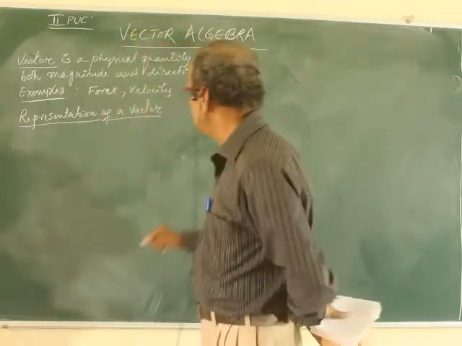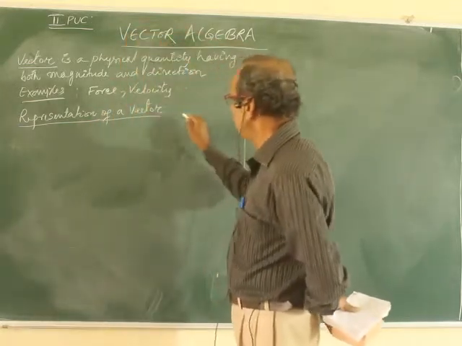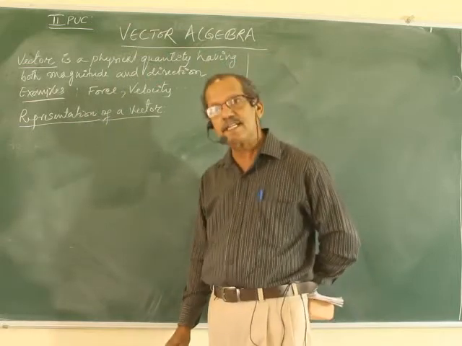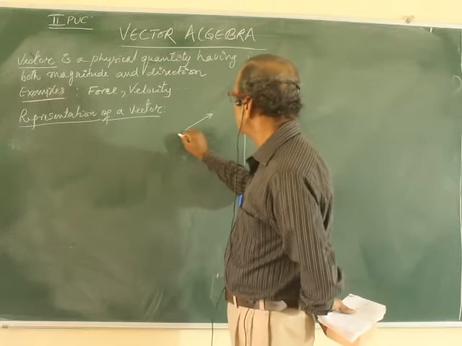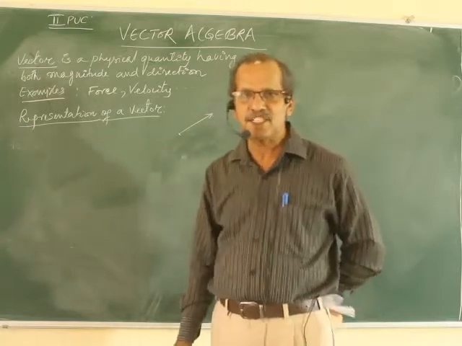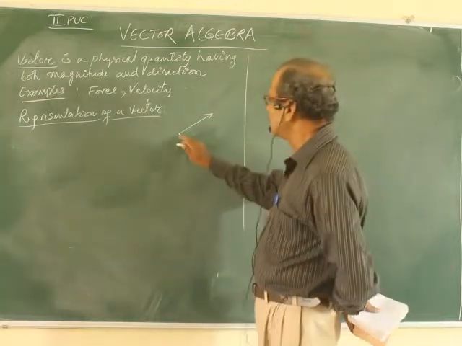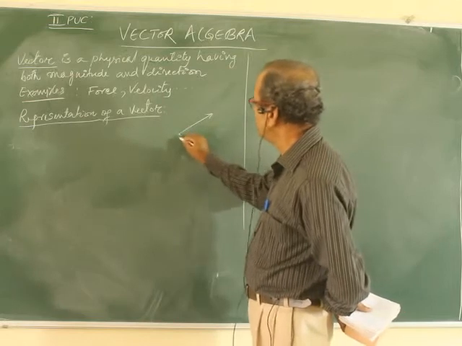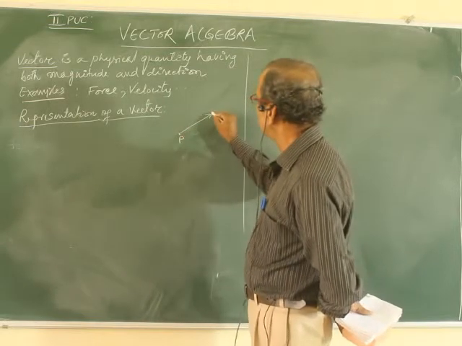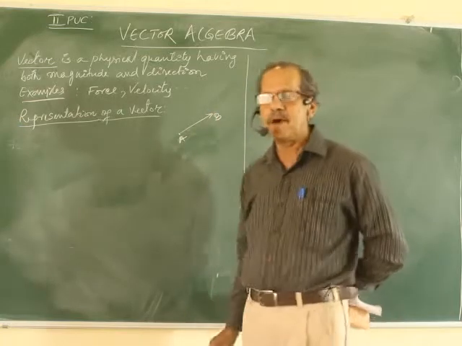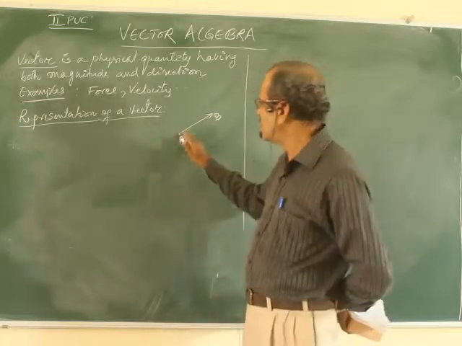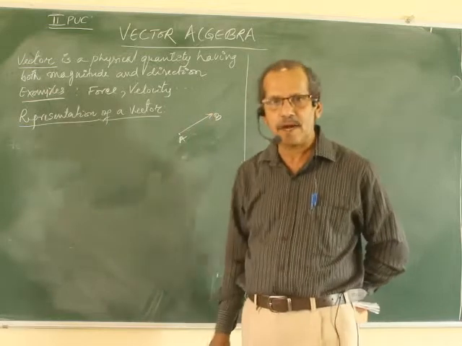Remember, directed segment means, don't write certain things in the notes, just for your understanding, I am drawing here. See, directed segment means like this. It has got 2 points. This is called the initial point and this one, let me write A, is called the end point, or a terminal point.